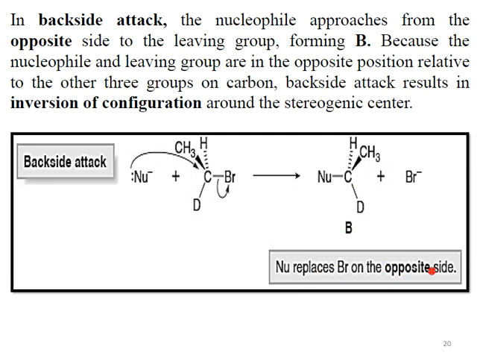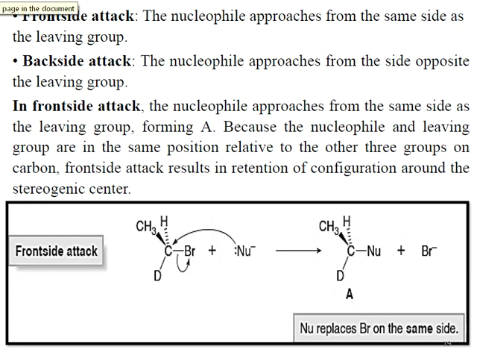Actually, in the SN2 reaction, the whole mechanism happens from the back side, and in all SN2 reactions, inversion of the configuration will happen. Okay, that means for the SN2 reaction, there is no retention of configuration. This is not related to the SN2. Because in the SN2, we know the mechanism, it will be like this.